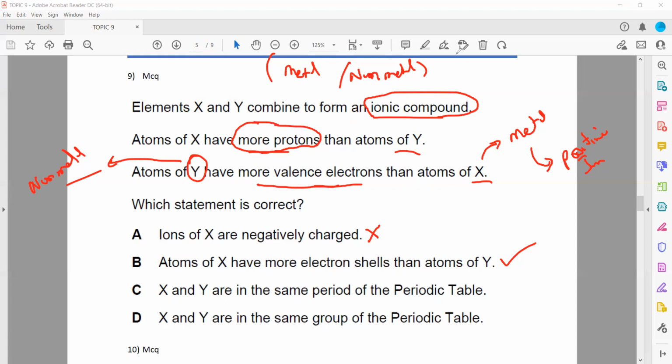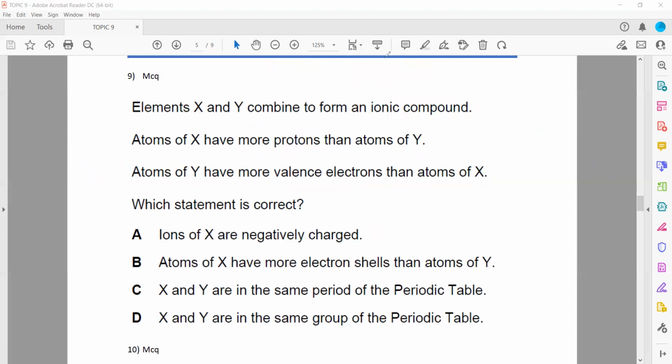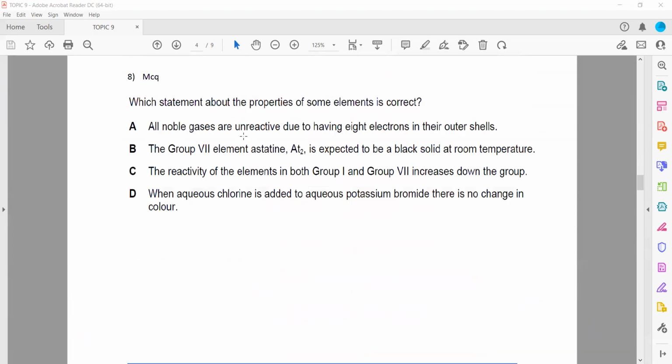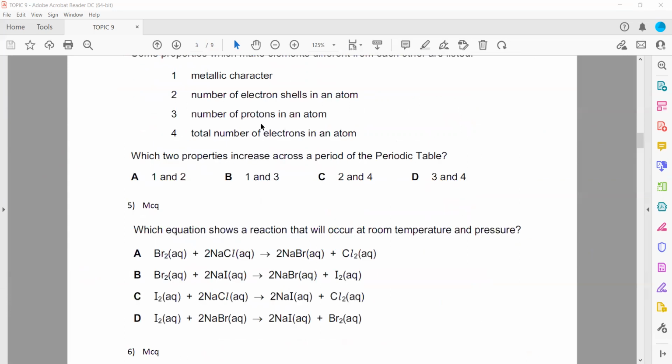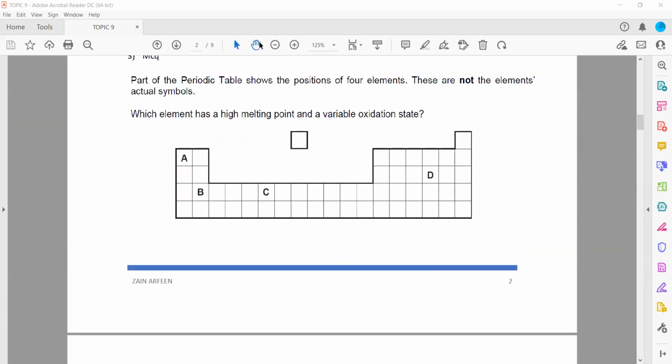In a periodic table, for example, this is the periodic table. Here it is 1 proton, 2 protons, 3, 4, 5, 6, 7, 8, and 9 protons. Now what happened? This part is a non-metal.